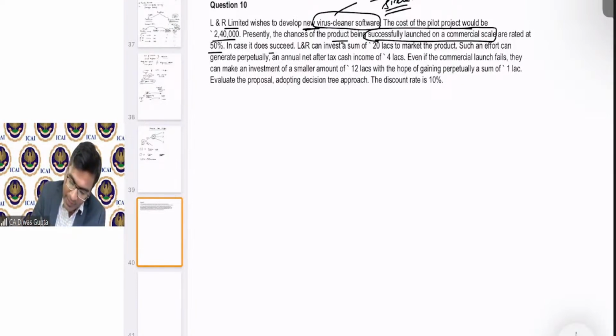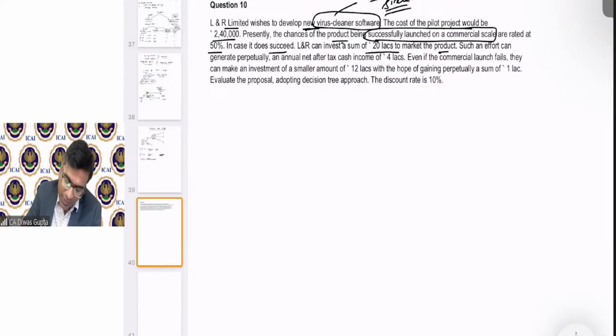In case it does succeed, L&R can invest a sum of 20 lakhs to market the product. Now see, the second element of cost comes in. After the success of the pilot is announced, only then will this 20 lakhs be invested to market the product and make a full-scale commercial effort.